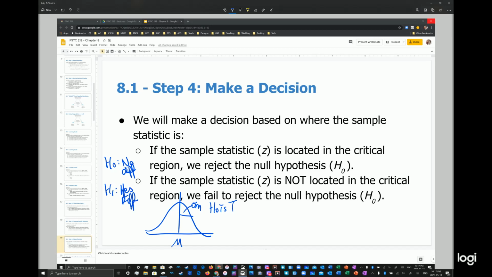Okay, so that's step 1. We do that first. Step 2, we set our region. Okay, let's say we set our alpha at 5%, plus or minus. So this would be 2.5% on one side. Again, when you do a two-tail test where you're simply looking for a difference, the alpha is split in half.